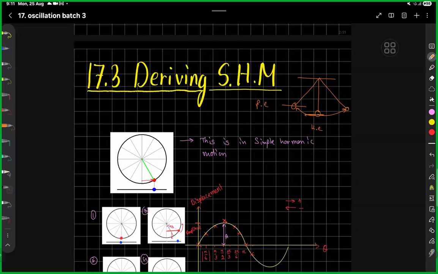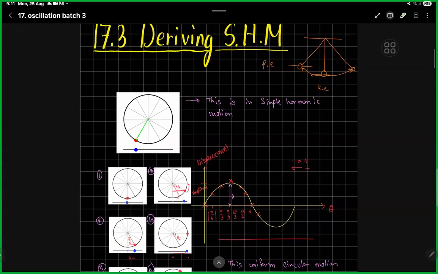What I'm trying to show here is this blue bob moving left and right, which is an example of a pendulum swinging left and right. That is what I'm demonstrating with the blue bob.